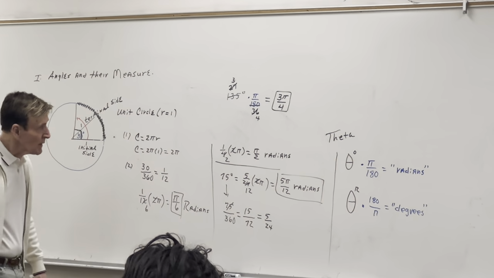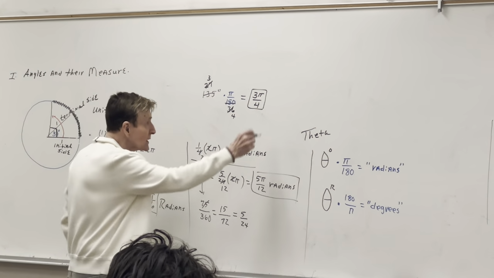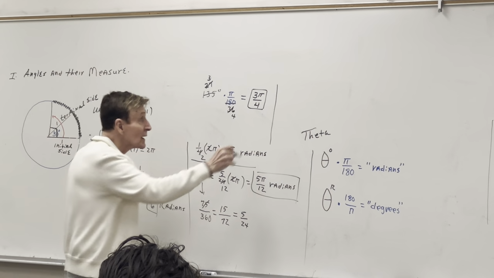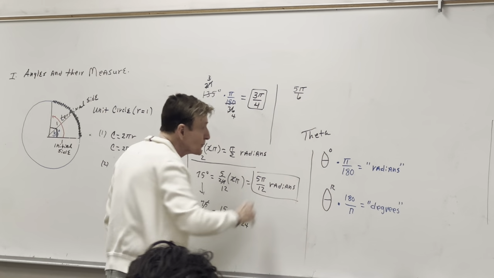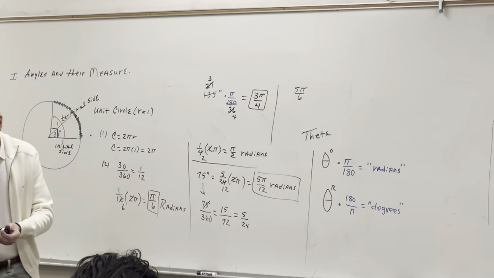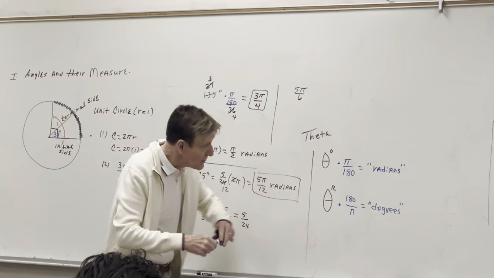Try one more. Now suppose it's given to me in radians to begin with. Let me think of a nice one here. Why not? 5 pi over 6. That's in radians now, no degree mark. But you want to go back to degrees for some reason. Here's my factor.